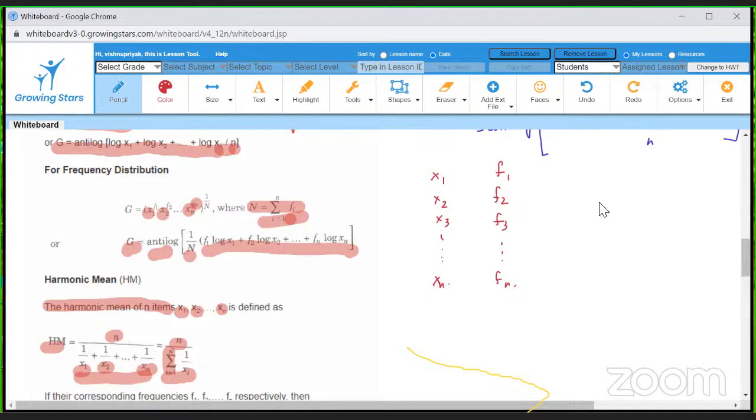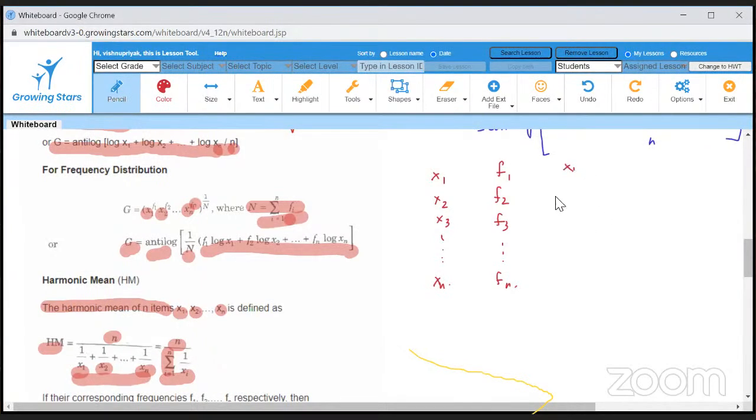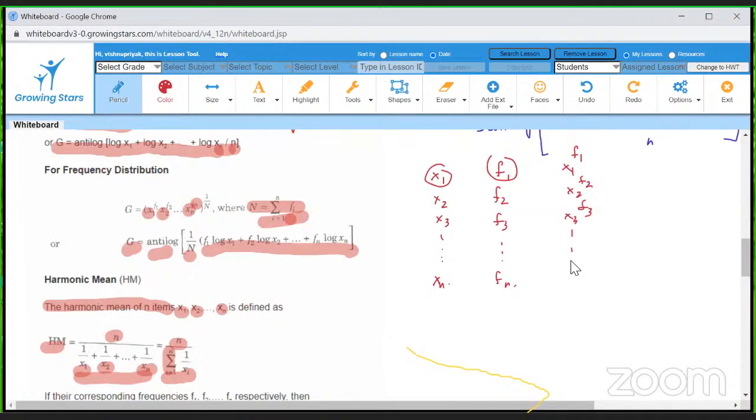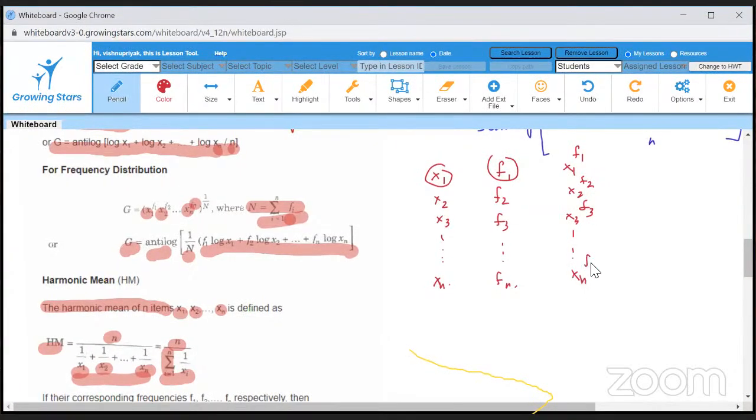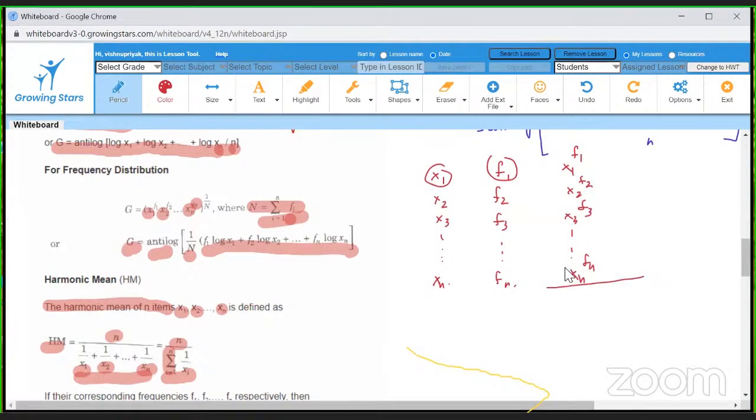So you make a column x1 power f1, x2 power f2, x3 power f3, up to xn power fn, and multiply all these.